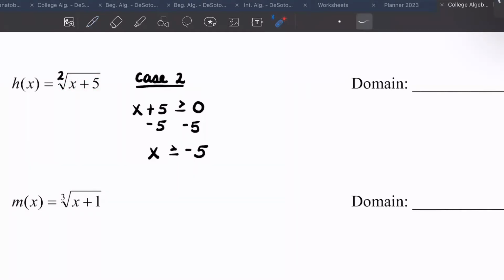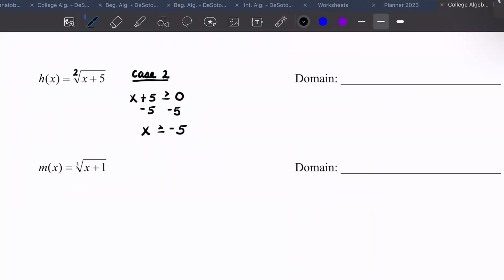If I plugged in -5, I would get 0, which is fine. But if I plugged in -6, I would get the square root of -1, which is an issue. Okay, so I need to put x is greater than or equal to -5. Okay, the equal to sign tells me bracket, right?